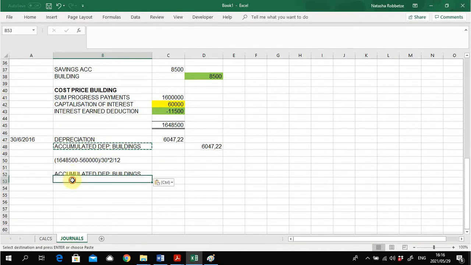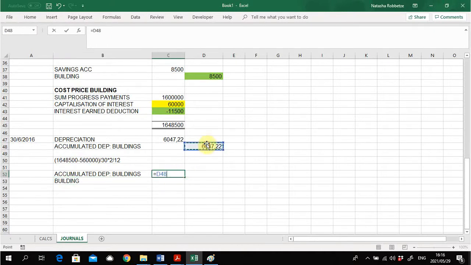And this is the only accumulated depreciation that will exist on this building, because we've only had this building for 2 months in the current financial year that we've used it for. And we write it off against the building cost. And that would be this total, of course.